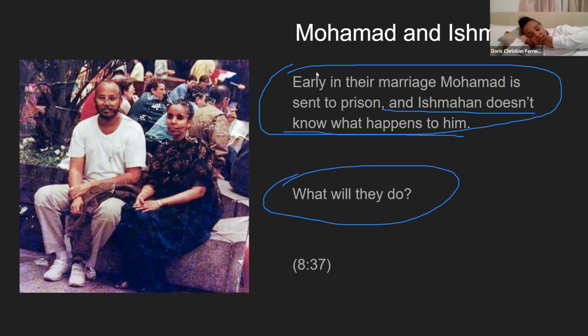Trying to find a good way to help him, because she doesn't know what happened, because he is in a prison of the dictator.